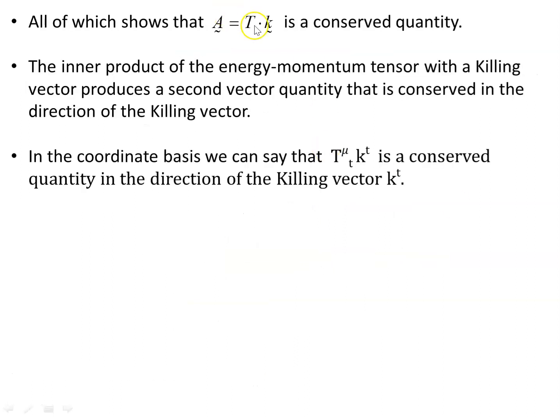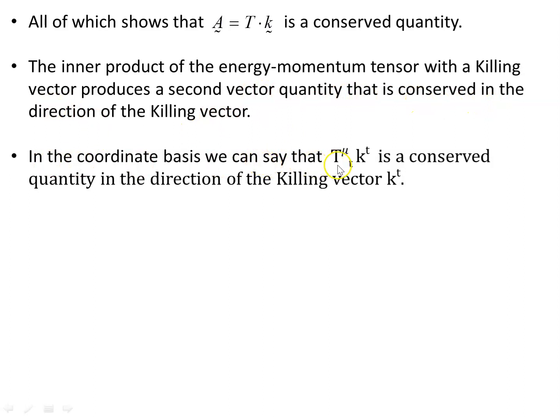All of which shows that A equals T dot k, the vector A, which was the rank 2 tensor T, the energy momentum tensor, contracted with a Killing vector to give us a tensor of rank 1, which is a vector, is a conserved quantity. So the inner product of the energy momentum tensor with a Killing vector produces a second vector quantity that's conserved in the direction of the Killing vector.